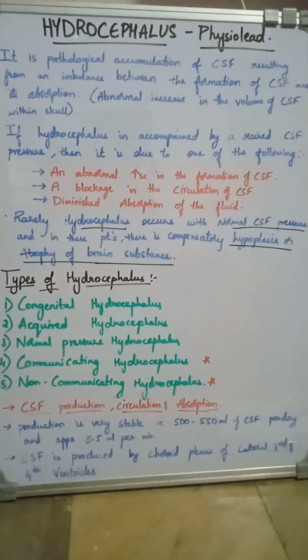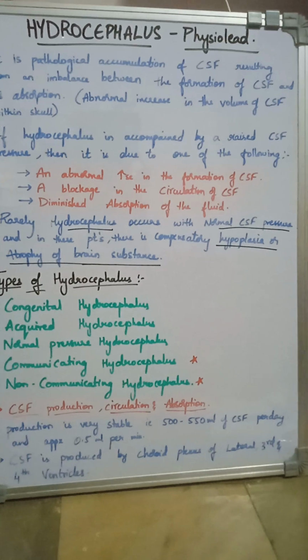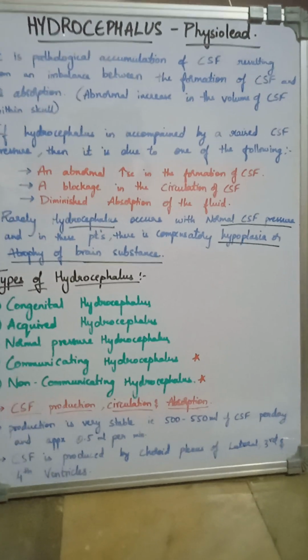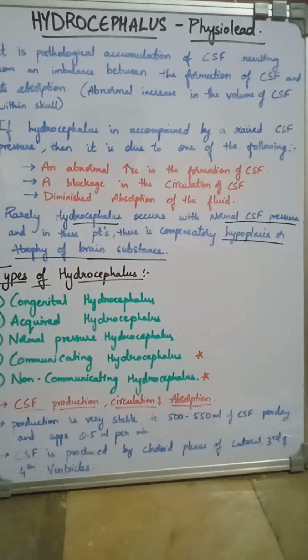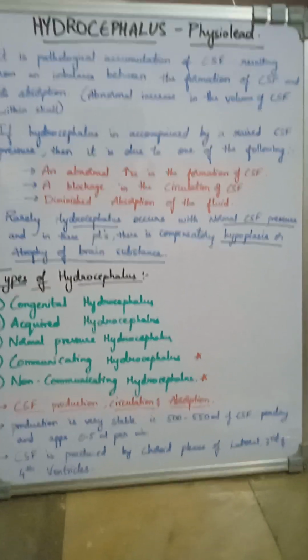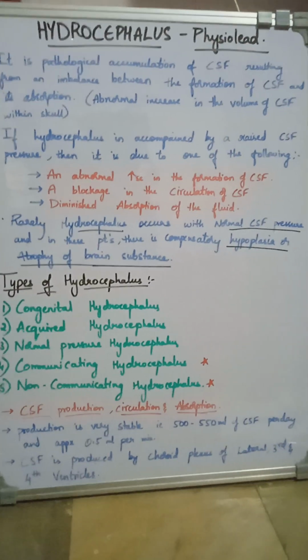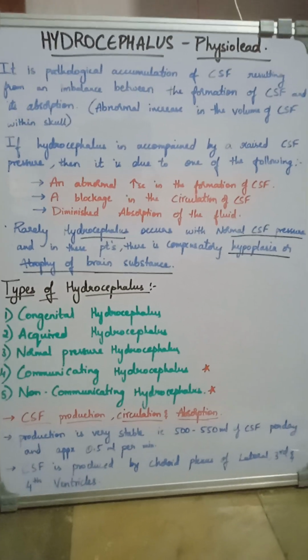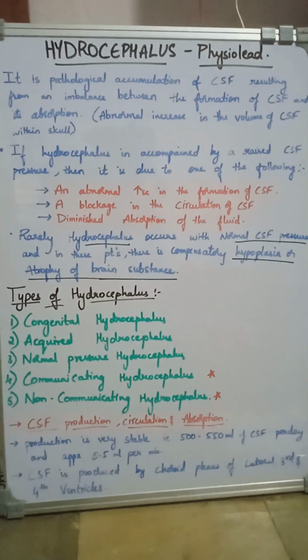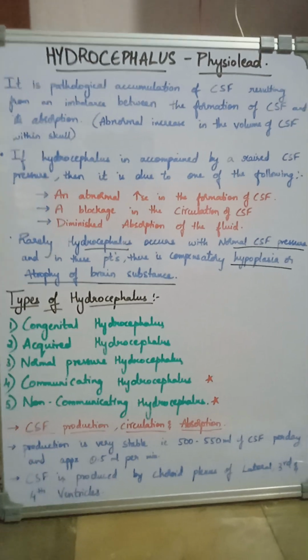So if there is an abnormal increase in the CSF production or absorption, or it might be in the travelling, there will be a hydrocephalus condition. Normally hydrocephalus is accompanied by raised CSF pressure, that is, the cerebrospinal fluid pressure will be increased.